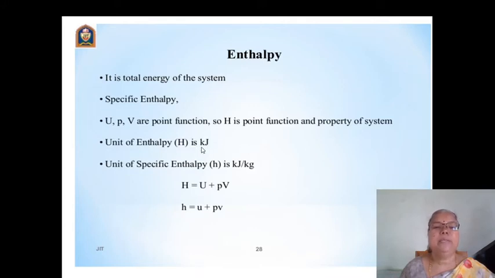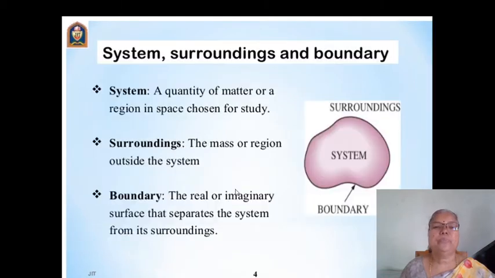It is expressed in joules and denoted by letter H, and it is the sum of internal energy plus pressure volume type of work, that is the product of P into V.